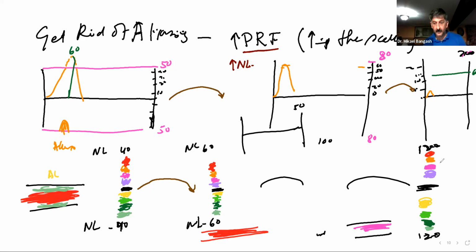Because this color here is what now represents 60 as we increase the scale on our color. Just like this switch was 50 in the beginning.